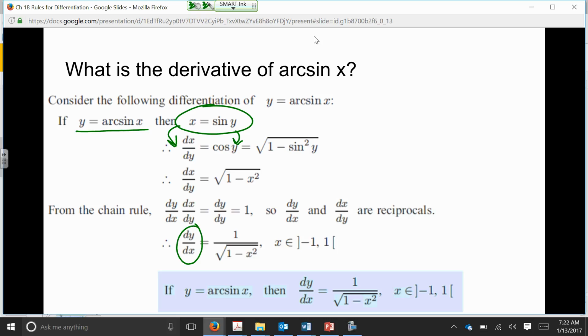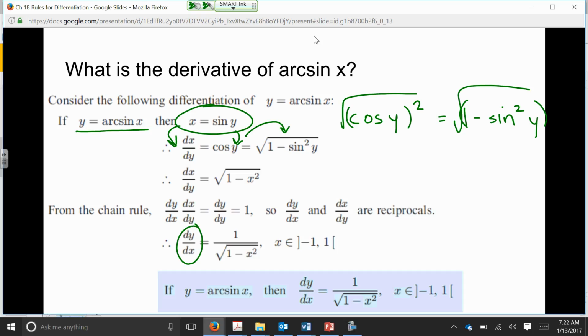Now, we could also say that the cosine of y is the same thing as the square root of 1 minus sine squared of y. The reason for that is because we know that cosine of y quantity squared would be equal to 1 minus the sine squared of y. So if we were to just take the square root of both sides, we could see how we're getting to that step.